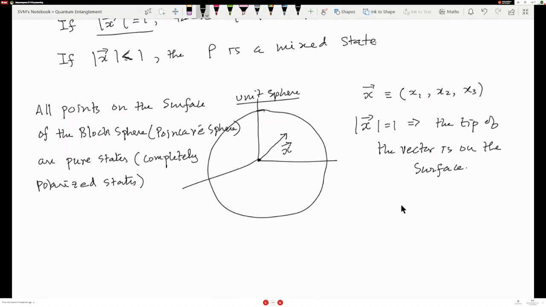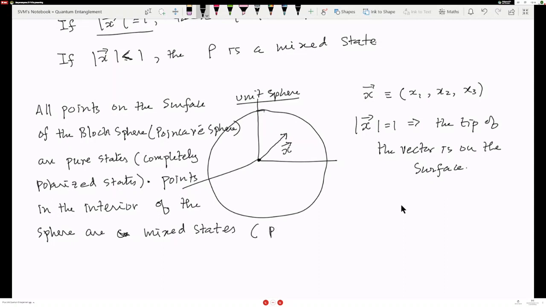Okay. And points in the interior of the sphere are mixed states. In the language of polarization, they are called partially polarized states.